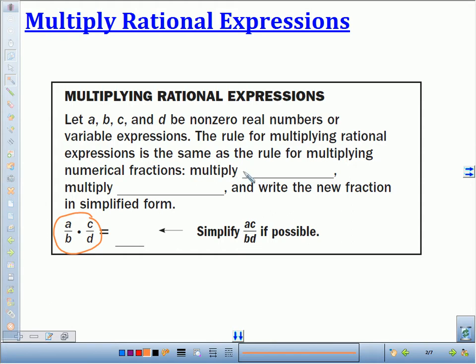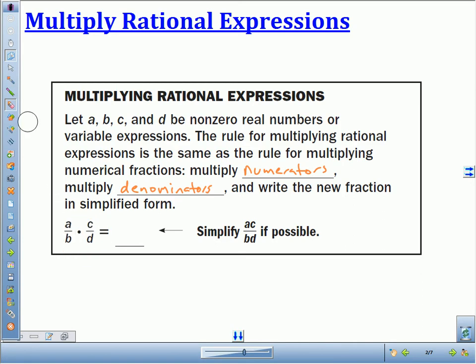We multiply the numerators and we multiply the denominators. We multiply straight across. There's no flipping around, there's no moving, there's no voodoo involved here. We multiply straight across.